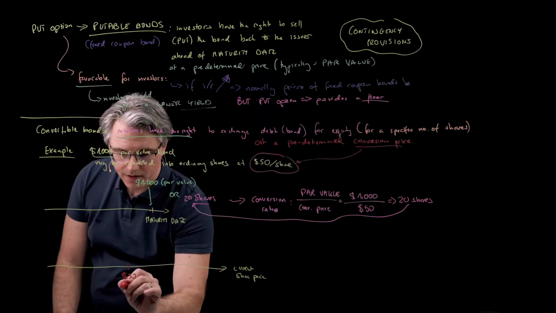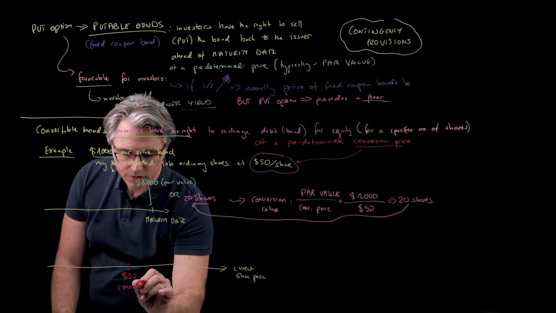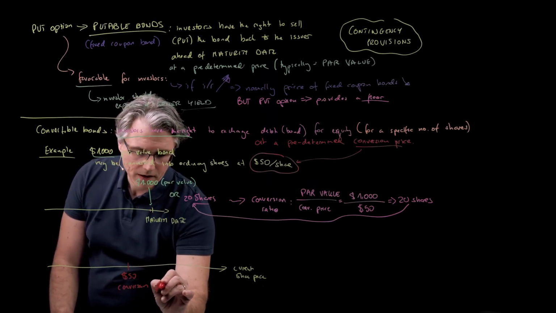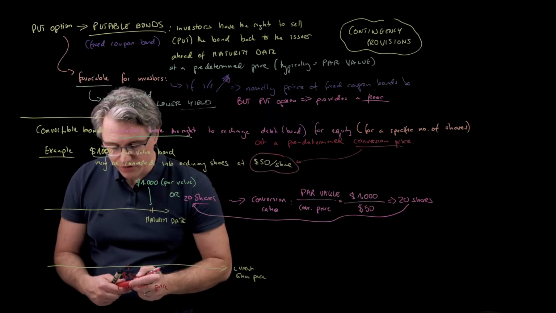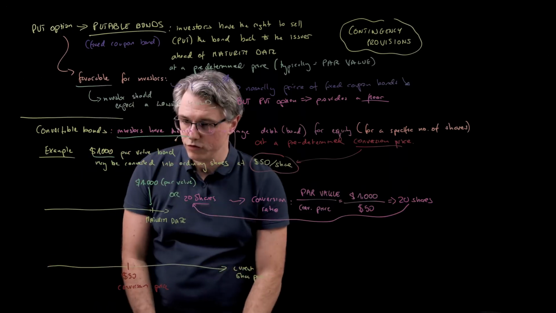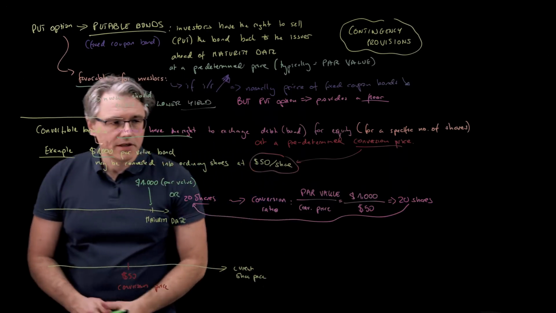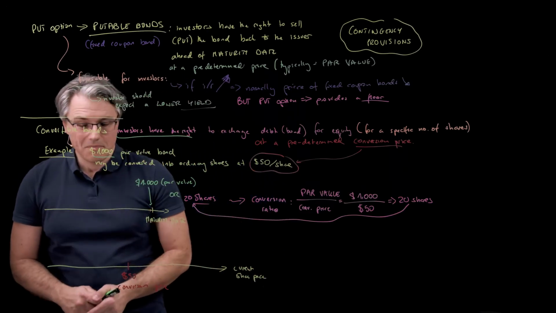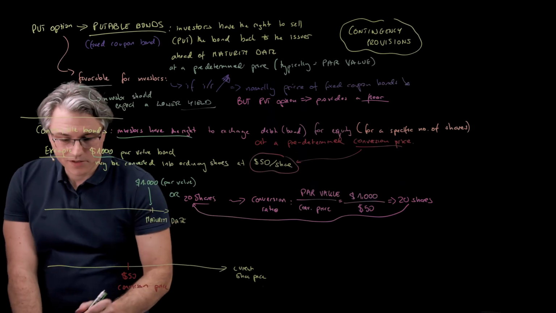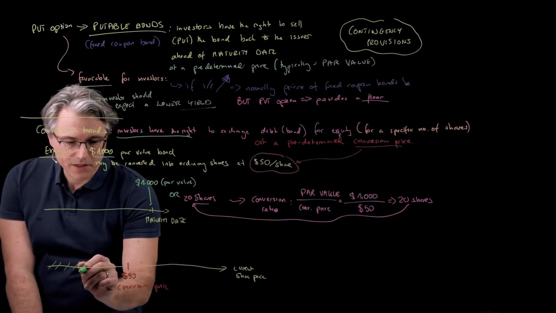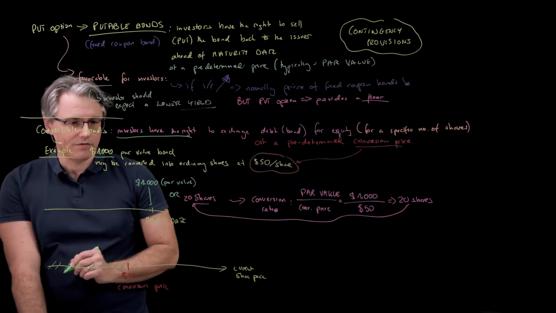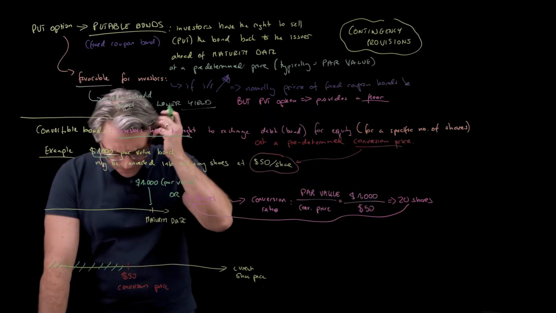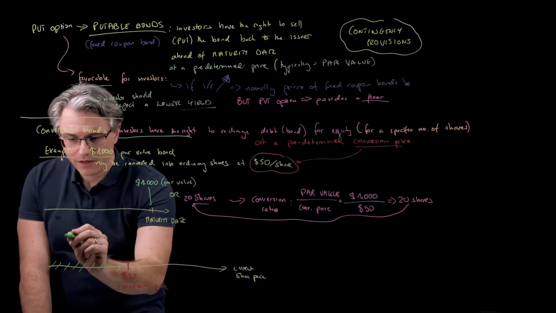So 50, but this is simply the conversion price. Our decisions with regard to what we would do change diametrically, because if the price is below the conversion price, if it's in this territory, well, you would choose the 1,000.